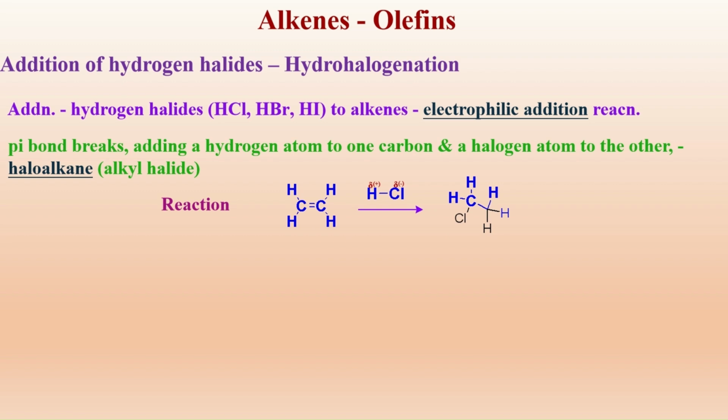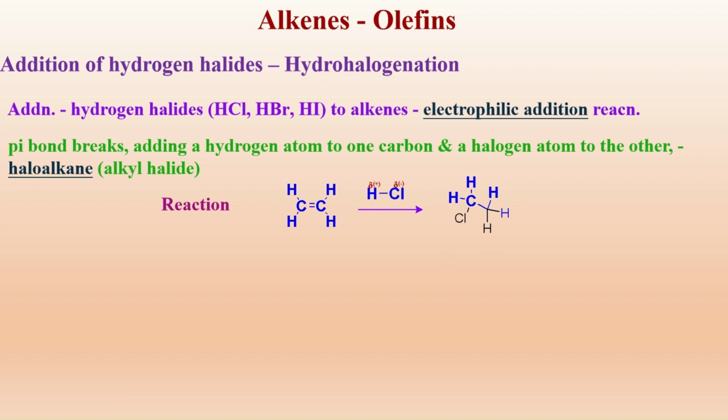Here we do not require any catalyst. It reacts by itself because HCl is highly polarized, and at the same time chlorine is an easy leaving group. Any halogen is an easy leaving group. It gives rise to corresponding alkyl halides.